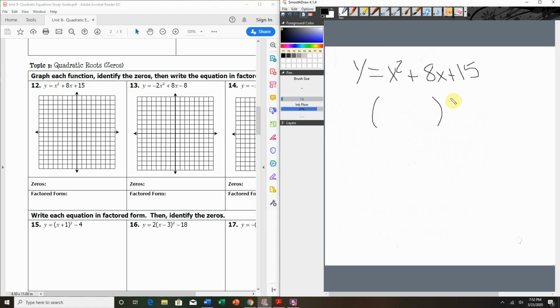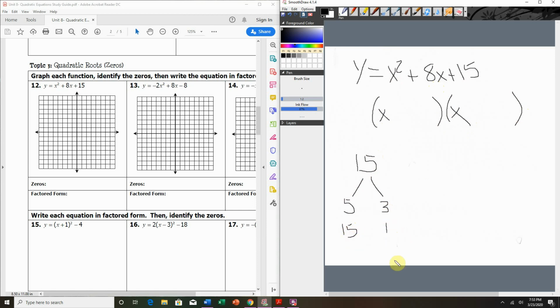I'm going to go ahead and write my parentheses. We know x squared always factors to x and x. Now we have 15 and 8. So what multiplies to 15 and will add to 8? We'll list out some factors of 15. So we have 5 and 3. This is kind of an easy one, but just for review, I'll go through how we would check this.